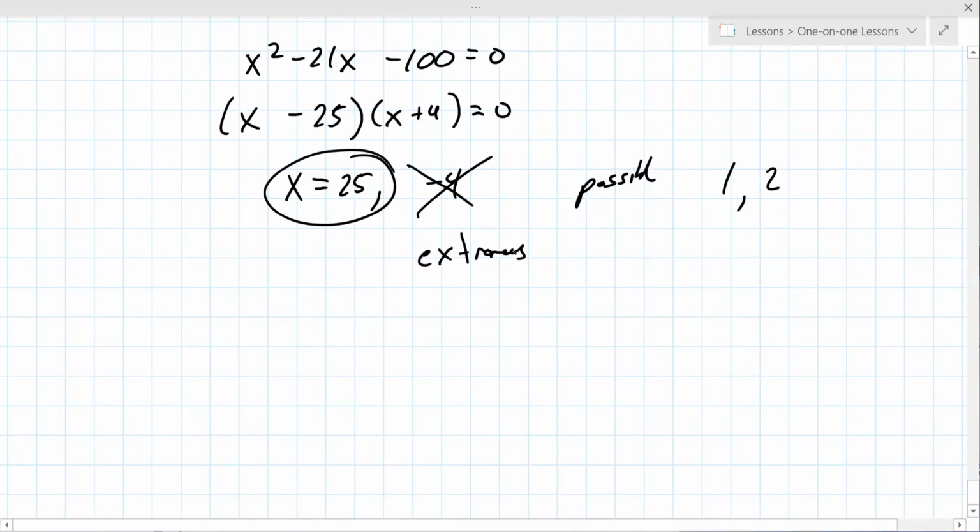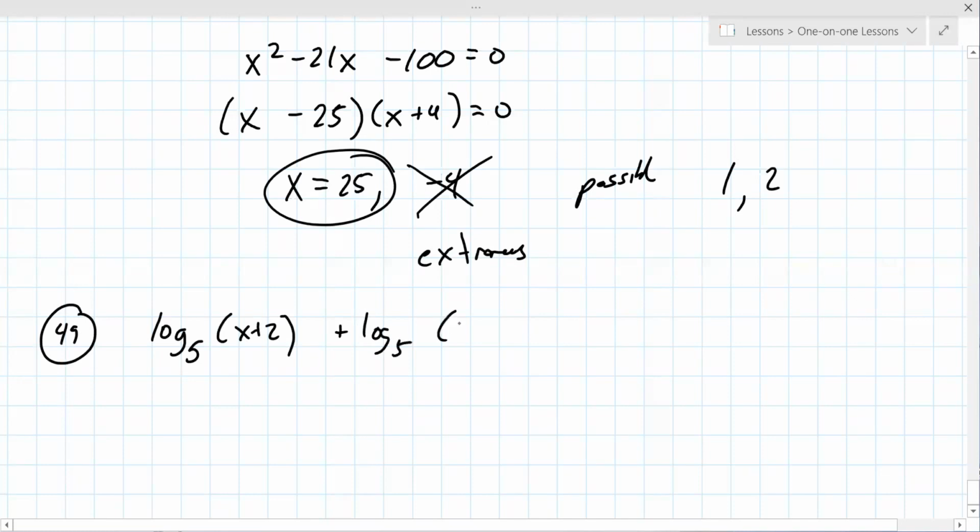All right. Did you say 49? Yes, 49. Log base 5 x plus 2 plus log base 5 x minus 2 equals 1.